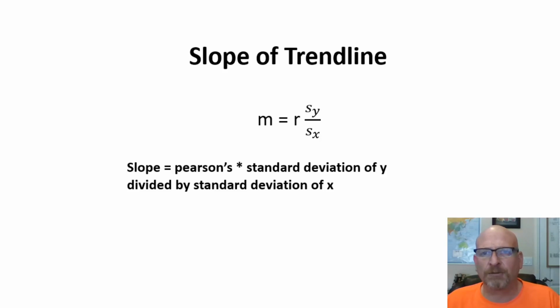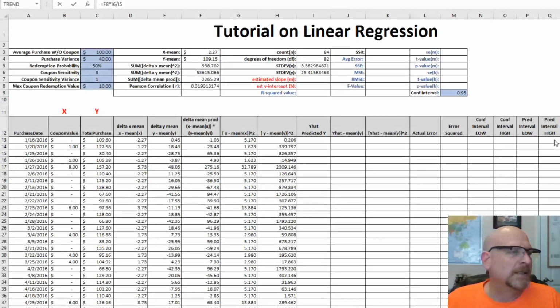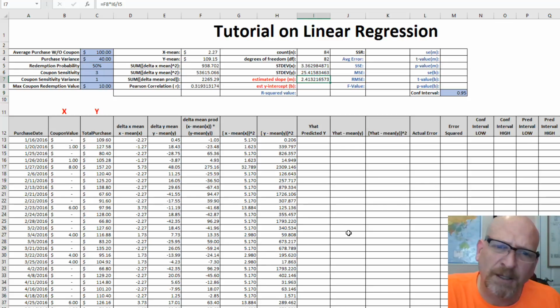So let's go back to our tutorial or the actual spreadsheet, and let's go ahead and highlight this. There we go. So in here it's calculated as 2.41, okay, which, like I said, it's the Pearson correlation times the standard deviation of y divided by the standard deviation of x. And 2.41, well, how does that measure to what we calculated on the graph?